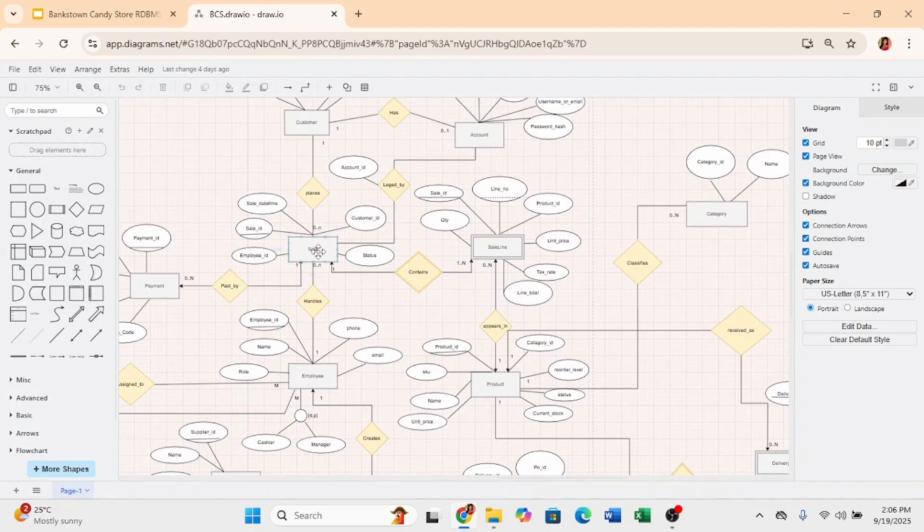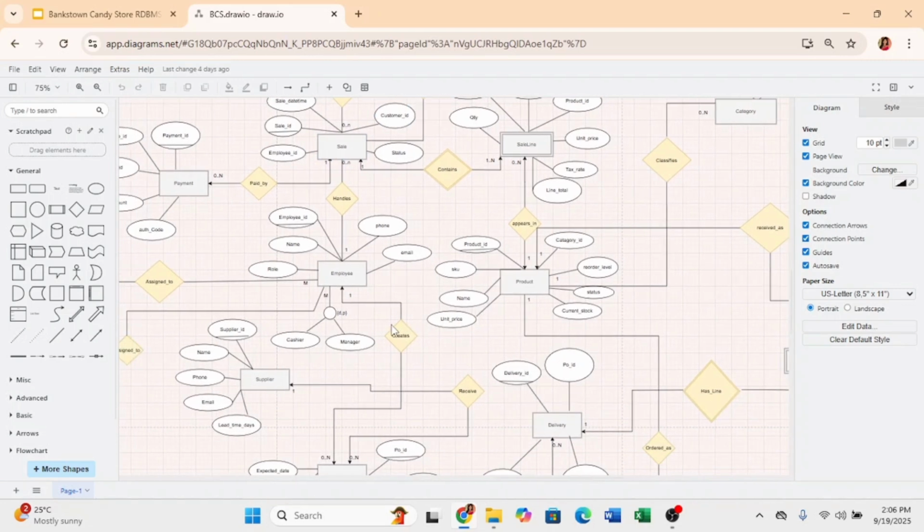This is the sale entity and this is the account. Qualified association is between sale and account. And last we use specialization. This is the employee class, and the employee class has two subclasses, cashier and manager. Both depend on the employee class.